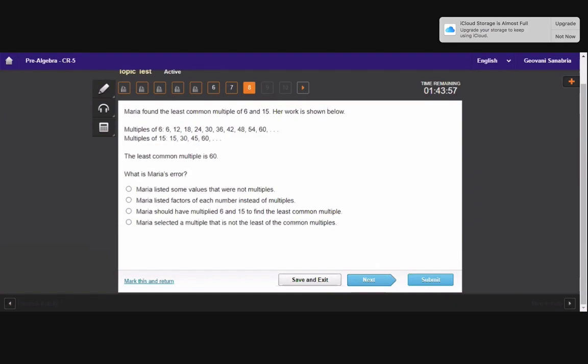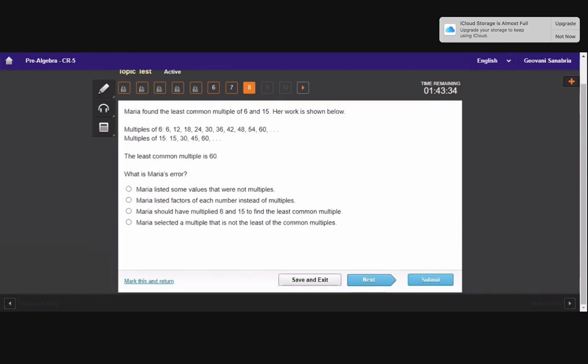Okay, the least common multiple is 60. Oh. Is it not 30?